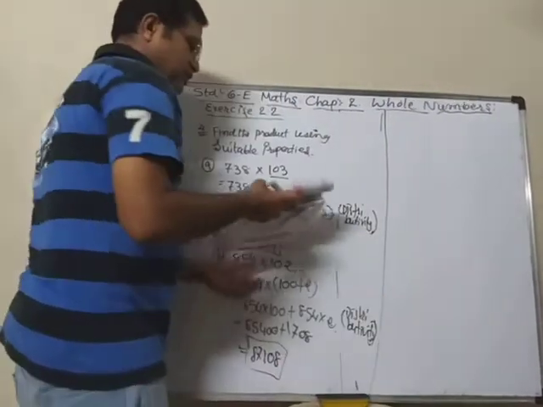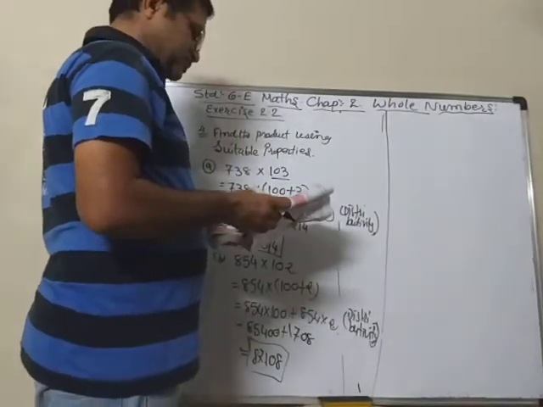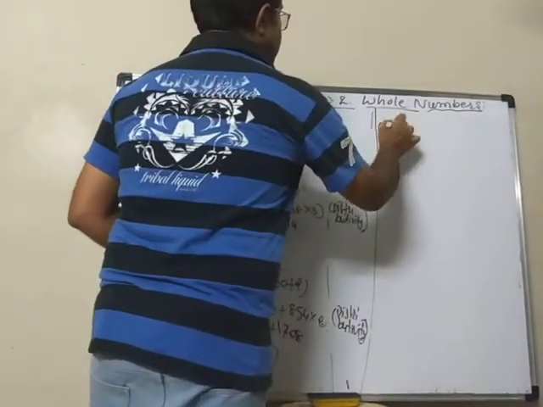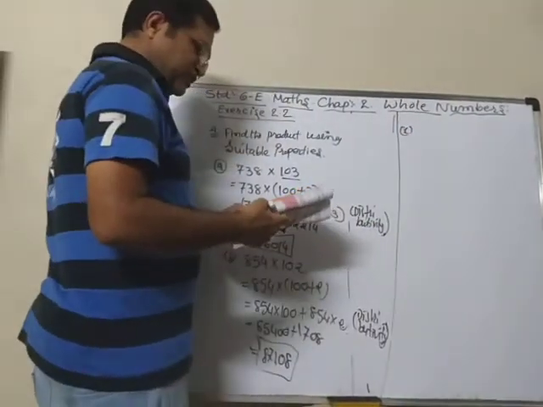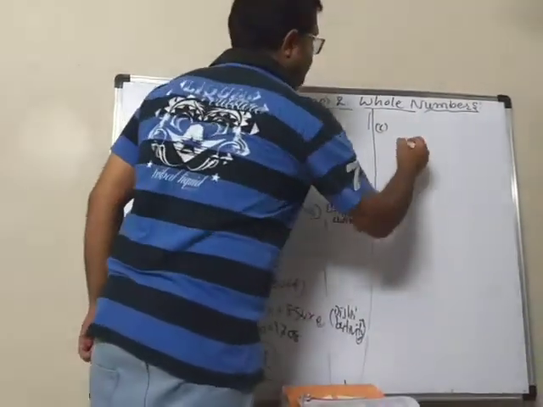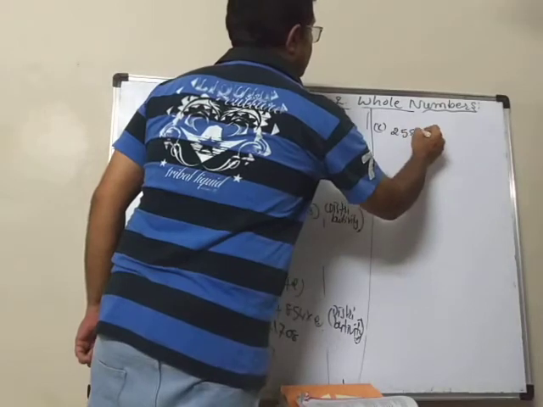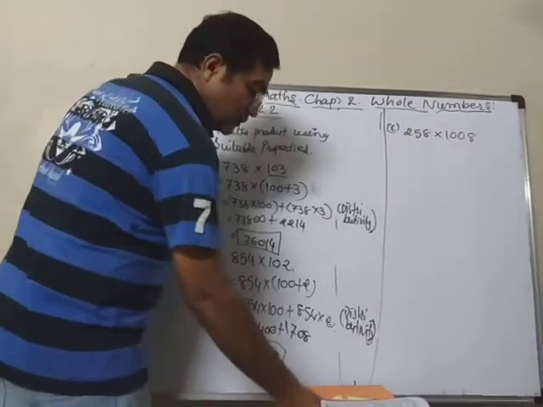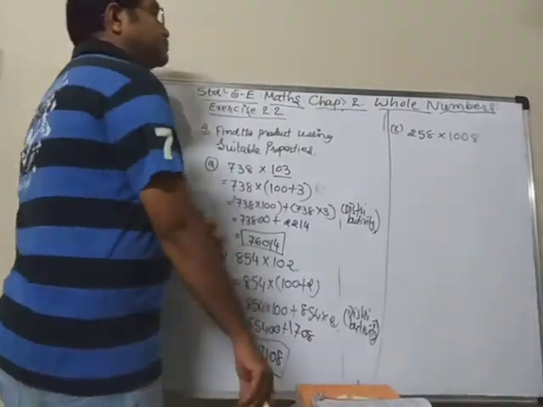Similarly, we will do the third one. It says 258 multiplied by 1008.